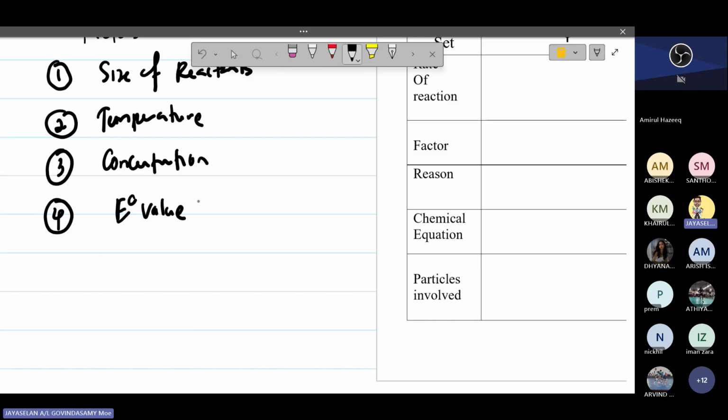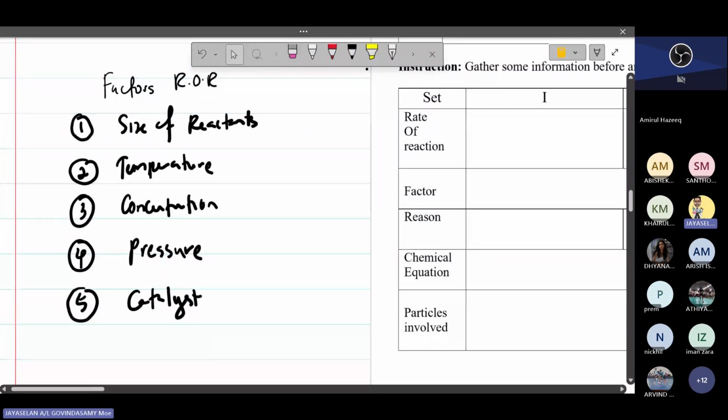This E naught value you learn under Form 5 redox. Don't bring it to rate of reaction. Understand or not? Factor 5, pressure, we won't learn this. Pressure no need, throw it in the dustbin. But remember for objective questions, factor 5 is presence of catalyst. Only 5 factors.